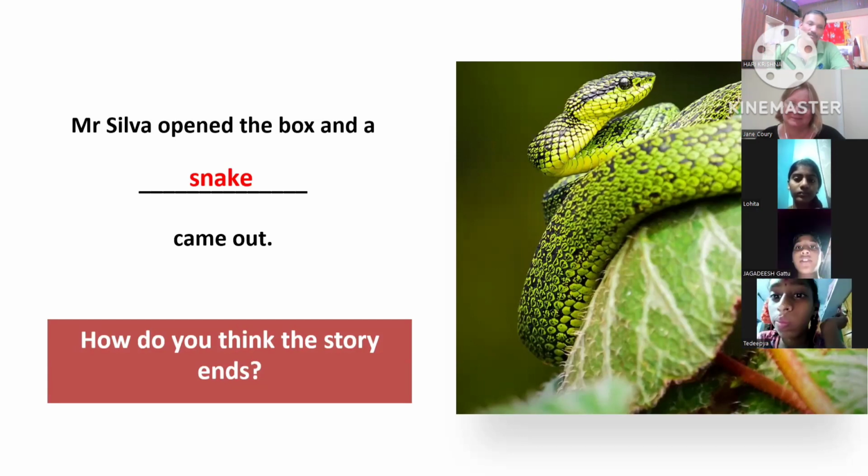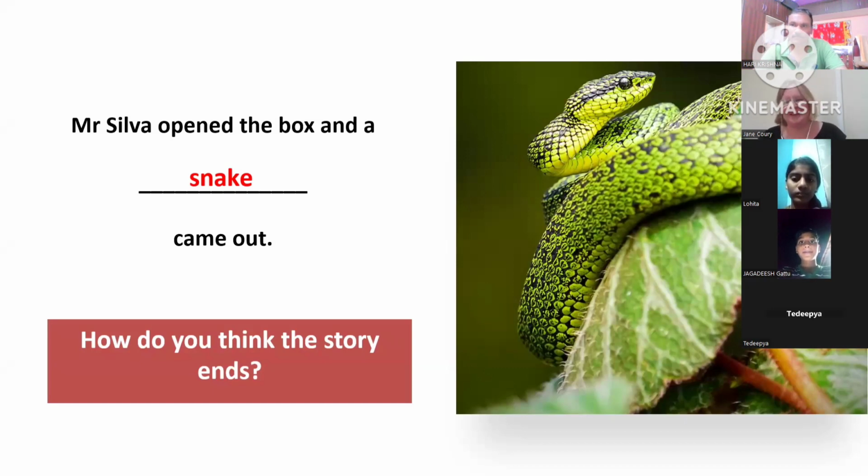From snake costs in lakhs. So that means he's saying that the snake costs a lot of money. Okay, do you think he's going to sell the snake? Yes, ma'am. Maybe it's a pet.